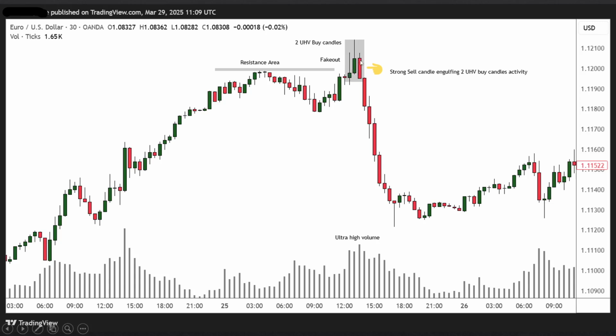So the market makers watched the activity closely, reacted to the situation, and sold as well. That is why there was an ultra high volume associated with that candle, and that aggressive selling actually brought it down towards 1.1130, almost 70 pips of profit from this trade.